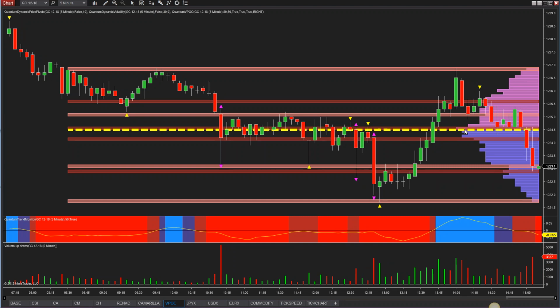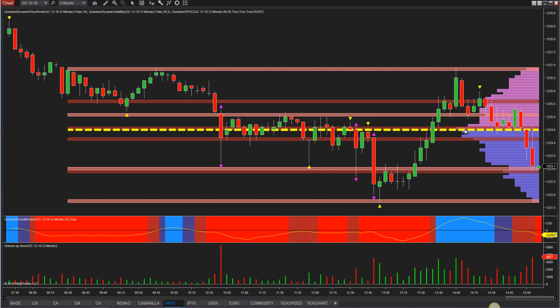And where you have relatively thin concentrations of volume, price has tended not to pause there. The reason that's important from a trading perspective is that you're looking at volume here in much the same way as you would support and resistance from a price perspective. If price gets down to these areas of low volume, in other words, very little concentration of volume in this price region, then if the price gets to this level, you would expect it to move through pretty quickly.